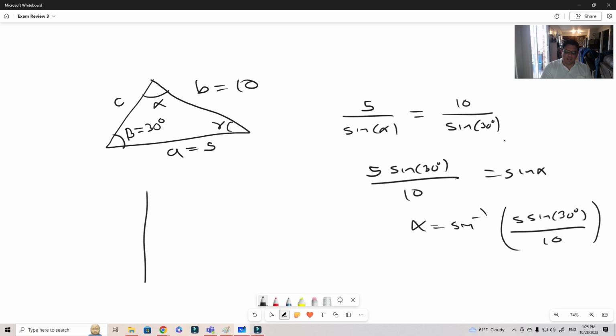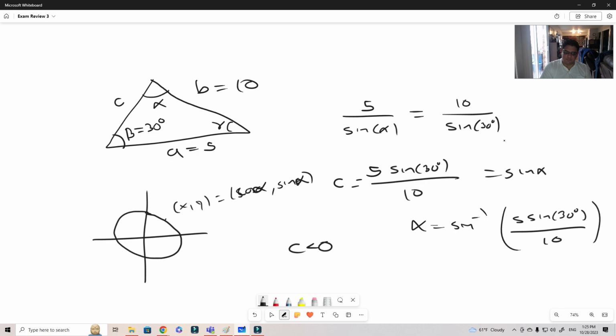Remember that we have the unit circle, and we have coordinates here, x and y, associated with cosine of theta and sine of theta for any of the angles. In this case it will be cosine of alpha, sine of alpha. If sine of alpha is, let's say, a number C, and C is negative, it means I'm taking values of y down here.